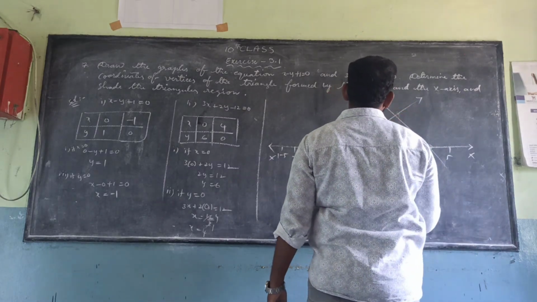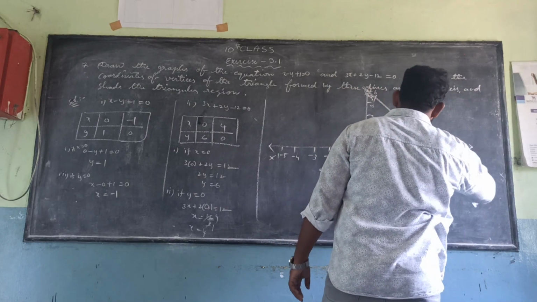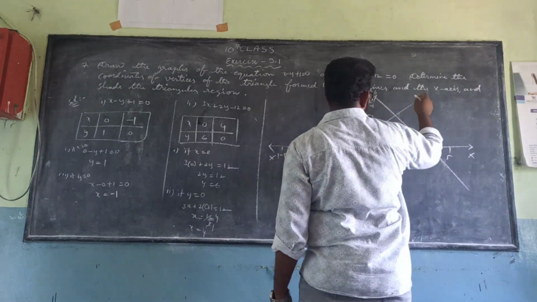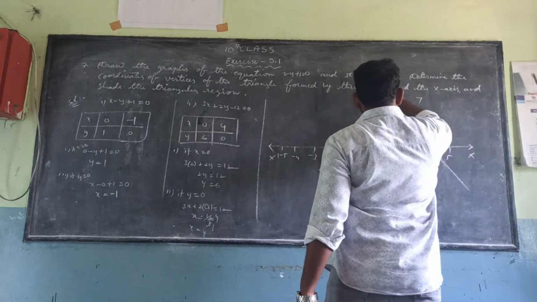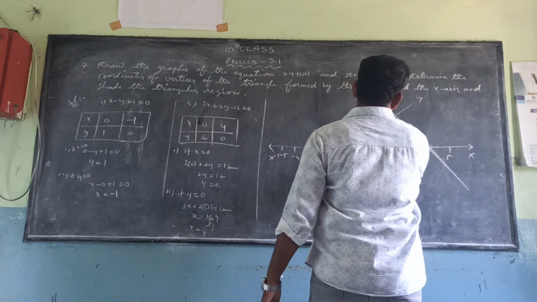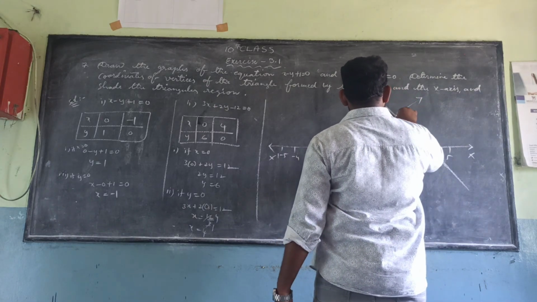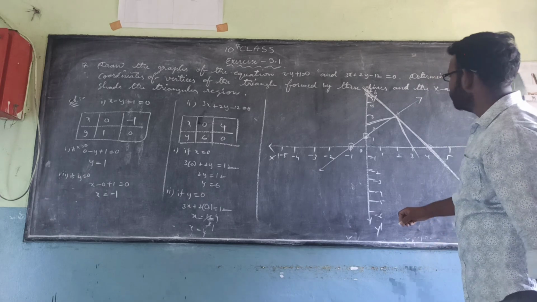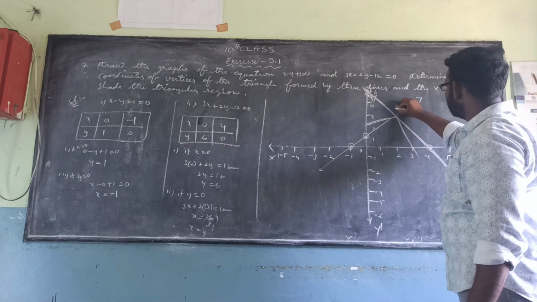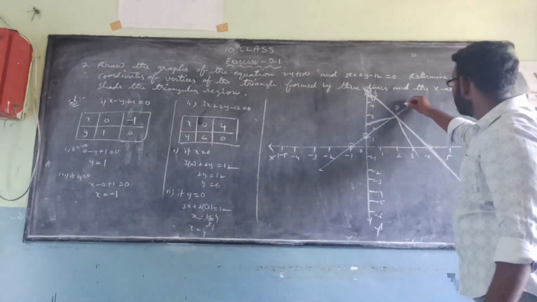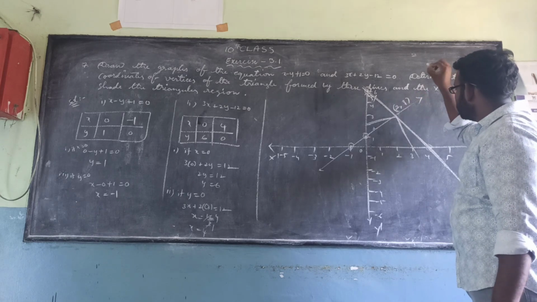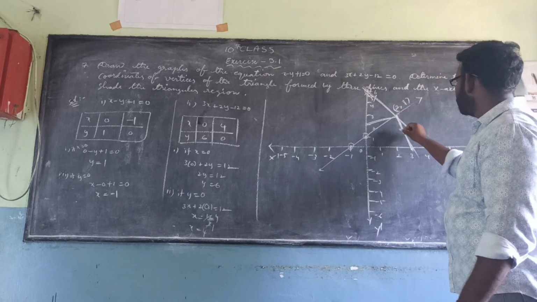So if you observe, actually in your textbook, if you draw this graph in your graph book, you get 2 comma 3 as a point. This is the point actually.